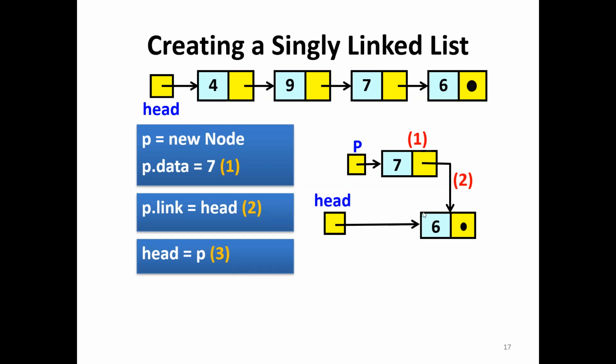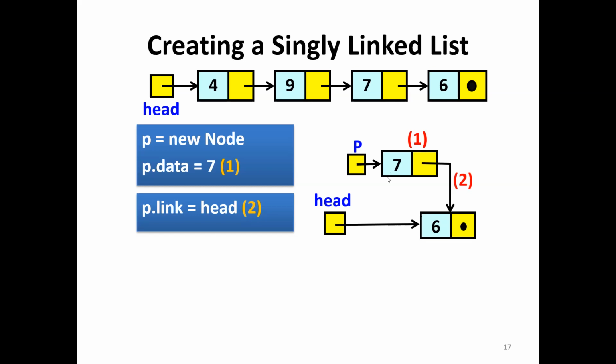So the next thing we need to do is, if this link is pointing to the address of this node, then head needs to point to the address of the new node, the node that will be before the old head.